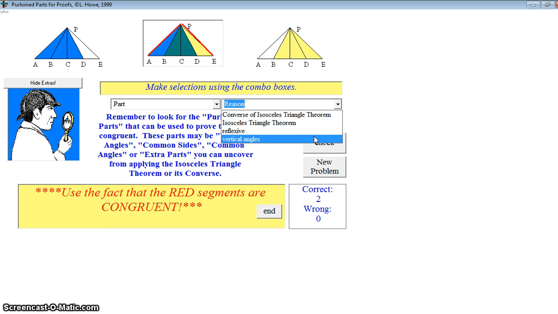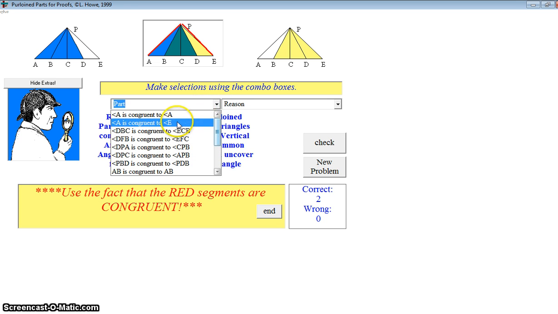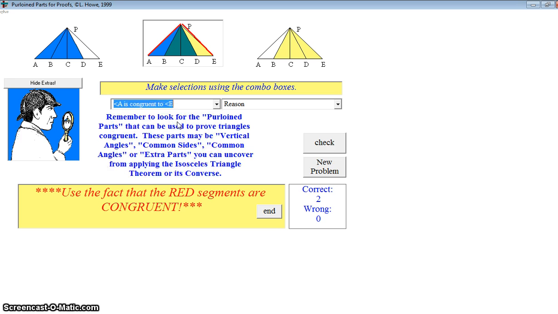Do we have any reflexive properties here? Do we have an isosceles triangle theorem here? Do we have the converse of the isosceles triangle theorem? These red lines from A to P and P to E indicate that AP and PE are congruent. So the part that will be difficult to see is that angle E is congruent to angle A.